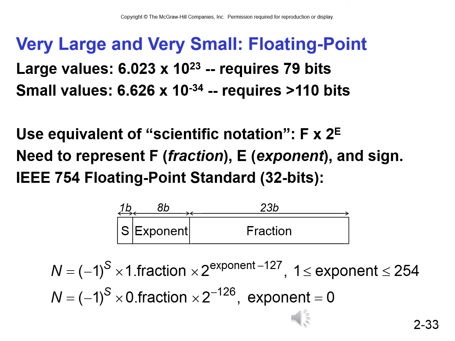Then you have a 23-bit fractional component. And I'm going to walk you through the process in a slide or two, and we'll actually convert a number that's in base 10 decimal to IEEE 754 32-bit floating point.